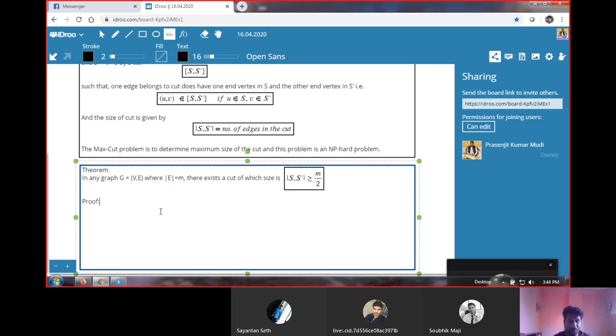The proof of this theorem will consist of three steps.